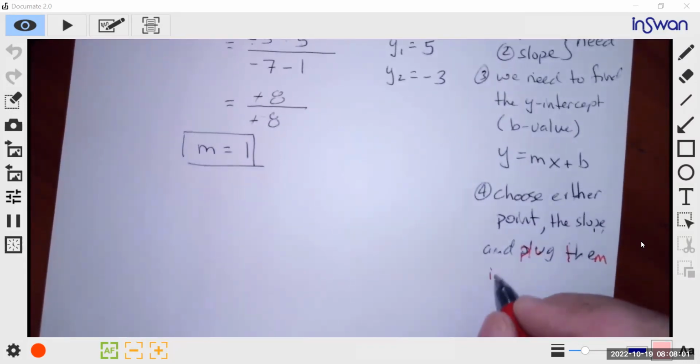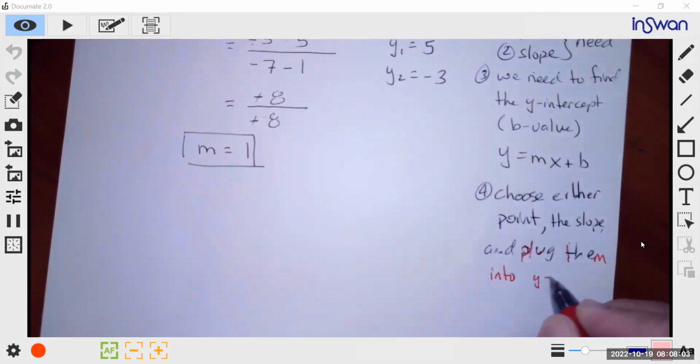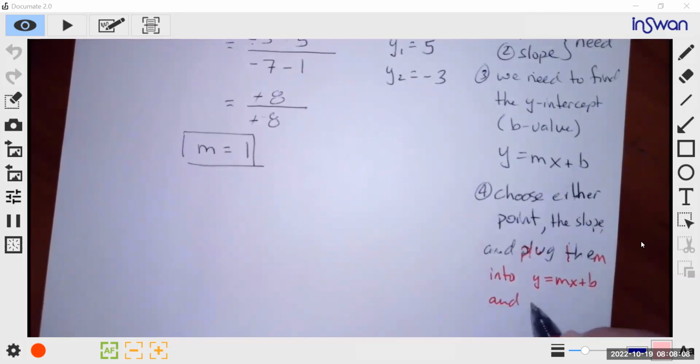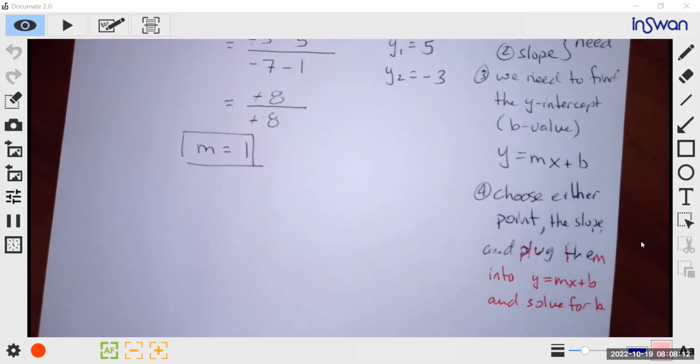Plug them into y equals mx plus b and solve for b.